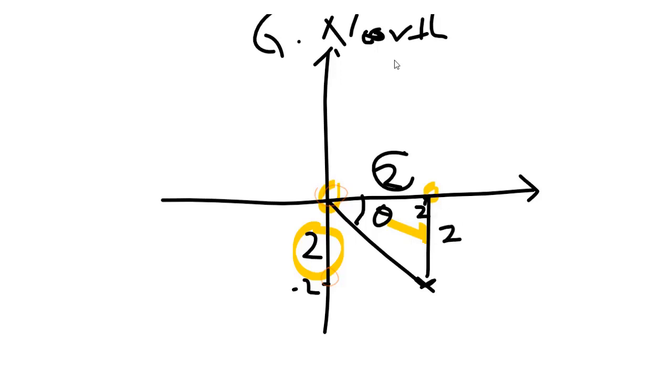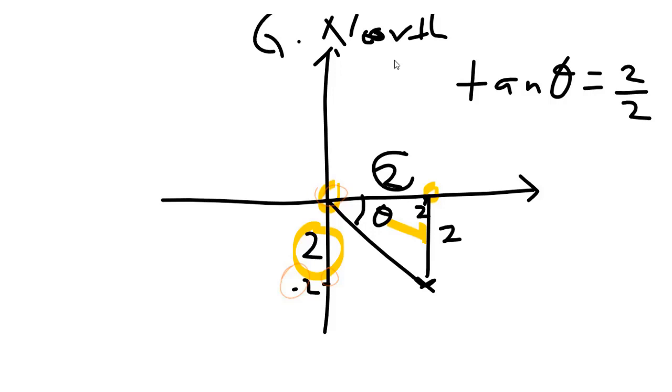So that means we can write the tan of the angle theta will be equal to 2 over 2. When finding the angle, we don't employ the negative sign. The negative sign is to help us know which quadrant the angle lies in.